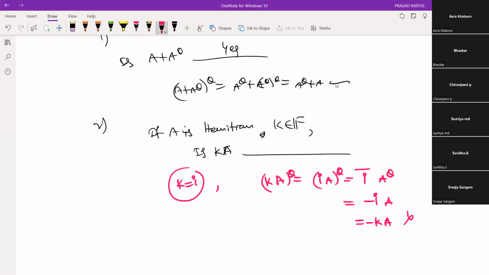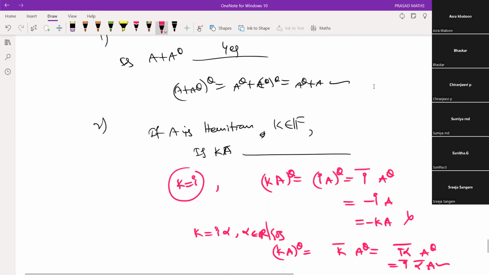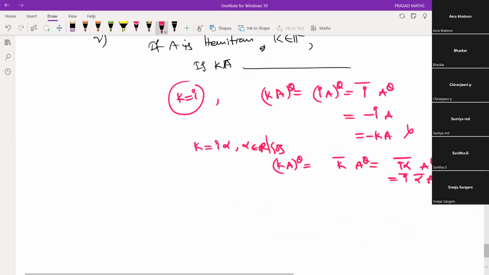If you take K purely imaginary, where K equals i alpha, where alpha is a real number, non-zero in particular, what happens? K times A whole theta is K bar times A theta. K bar is i alpha bar times A theta. i alpha bar is i bar times alpha bar times A. i bar is minus i.